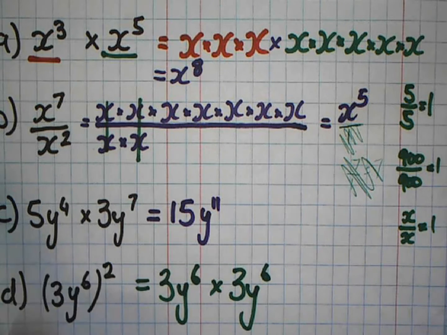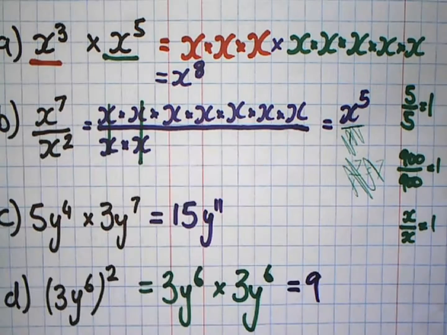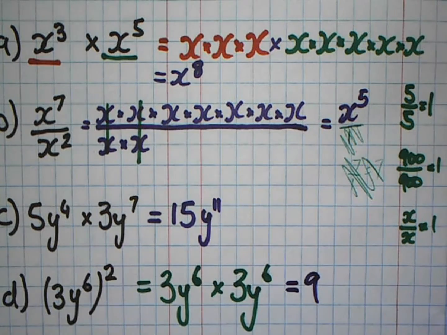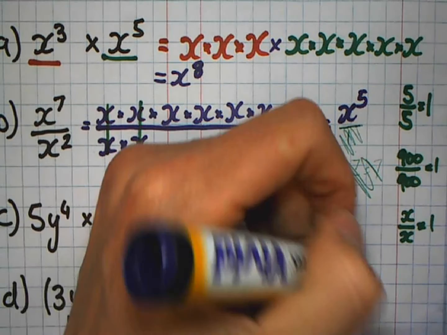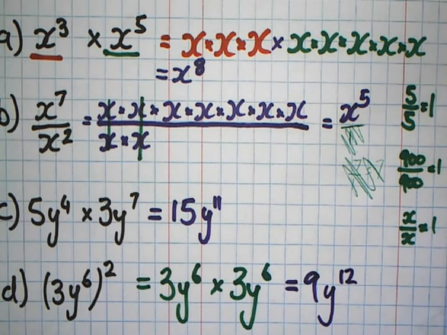Now we've just done one like this, and we know 3 times 3 is 9, and we also know that y to the power of 6 times y to the power of 6 makes y to the power of 12.